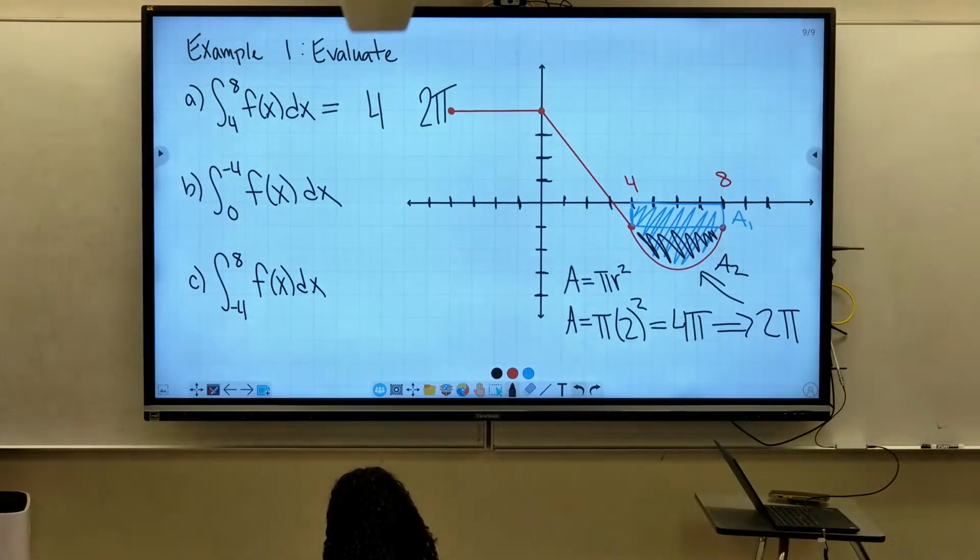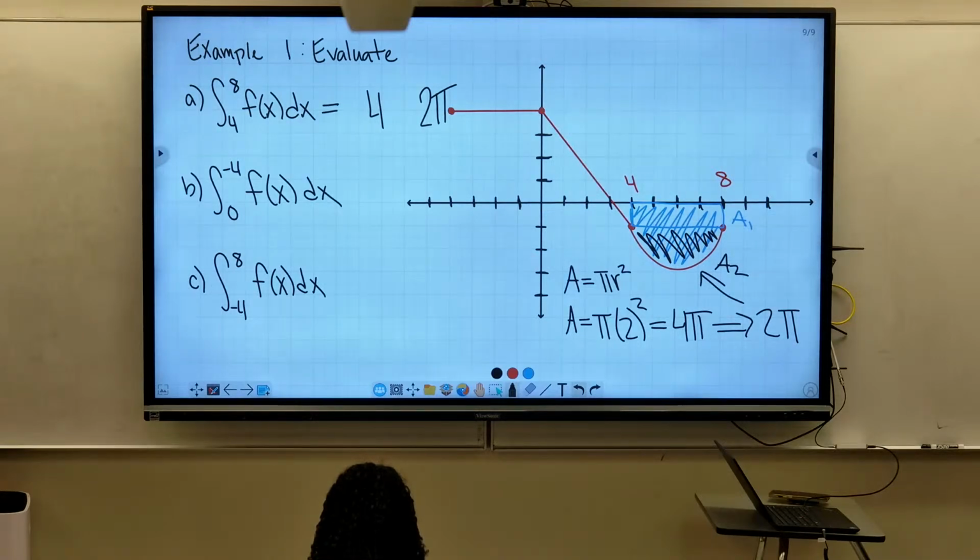So this is where we have to be a little bit careful. I agree, the area I shaded was 4 for A1, and the area for A2 is 2 pi. One thing I want to note about this area that I've shaded is, is it above or under the x-axis? Under.